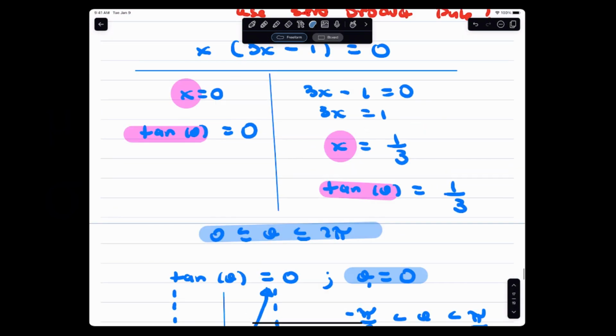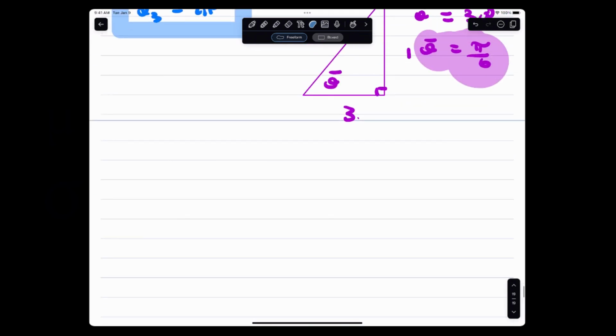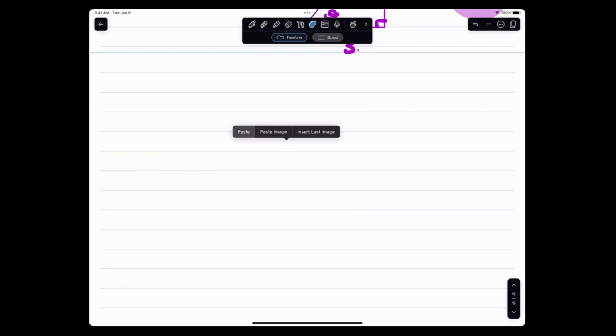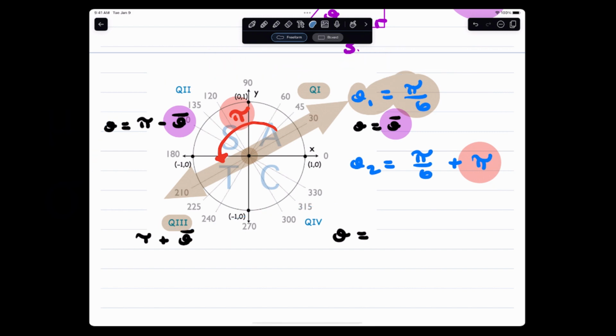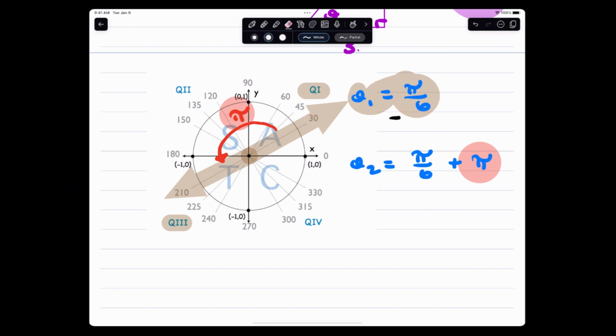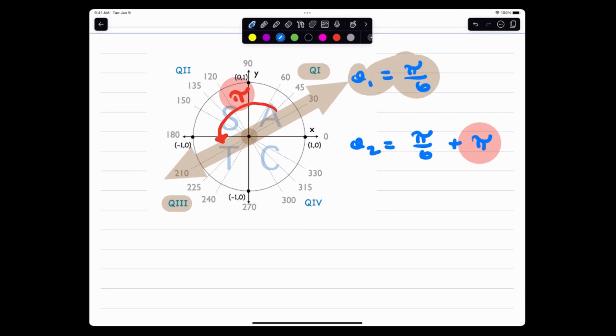I want you guys to see that. That's a big deal. And I'm going to bring it down, because this is kind of like a point where we can even start to transition a little bit. I could get rid of this, and get rid of this. I got rid of the reference angle. Once I get that first solution, you say, Mr. Judge, I can do that? If I notice that they're in opposite quadrants.